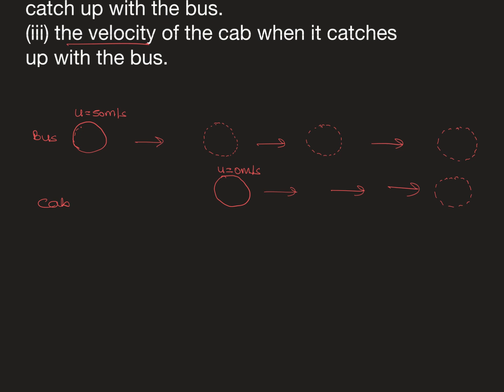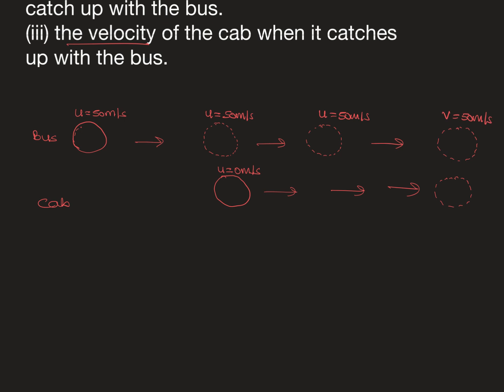One thing you need to understand is the bus was maintaining a uniform velocity, that is the velocity was constant, okay? So the velocity here will be 50 meters per second. The velocity here would be 50 meters per second. And even the final velocity also will be 50 meters per second, right?